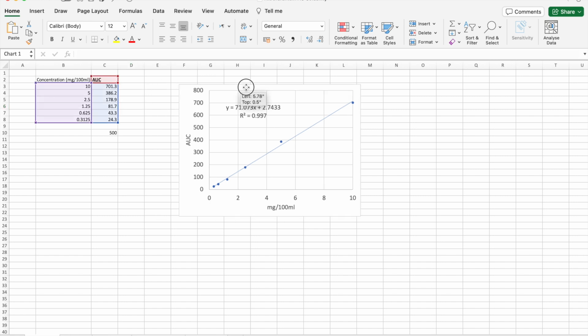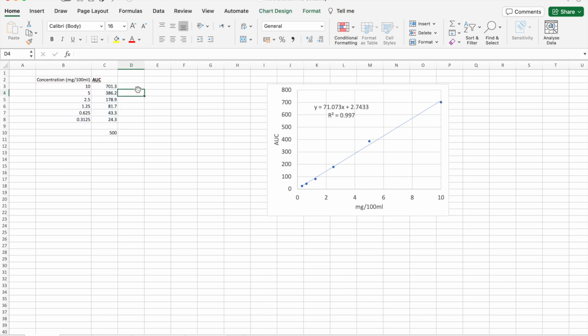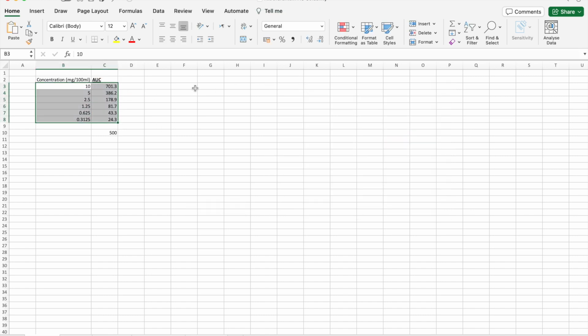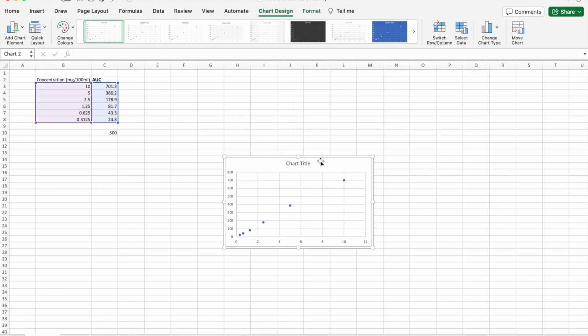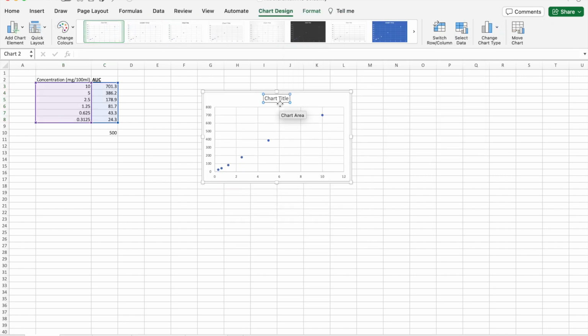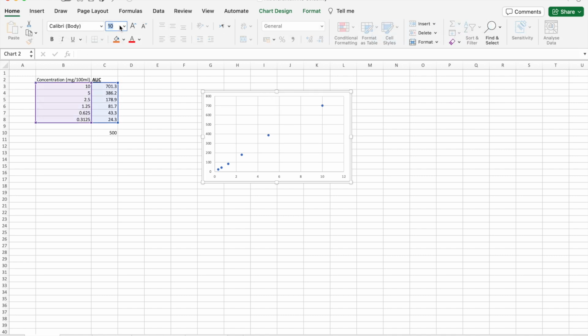What I did in this example was I took all of my data. So I'll delete the chart. Once I have my data, I take all of it, press insert, and choose a scatter plot. I'm going to delete the chart title, and increase the size of the text so it's quite clear.